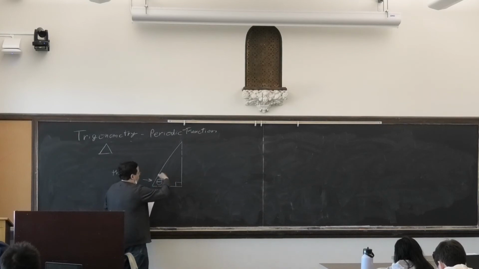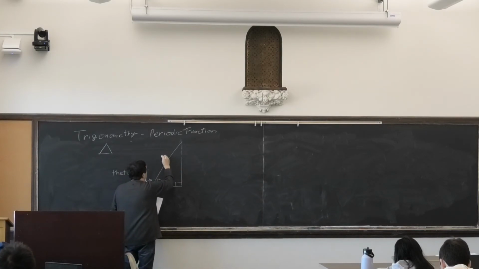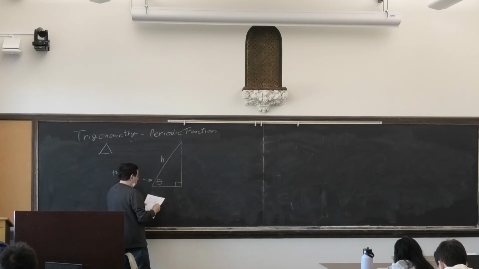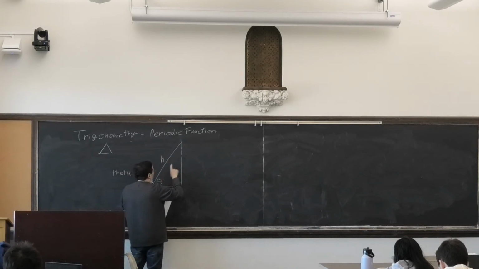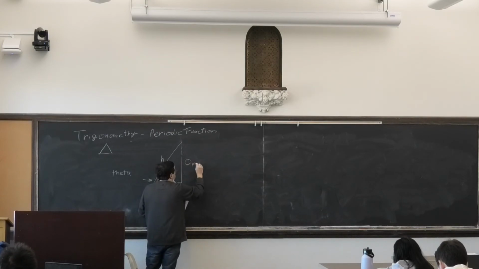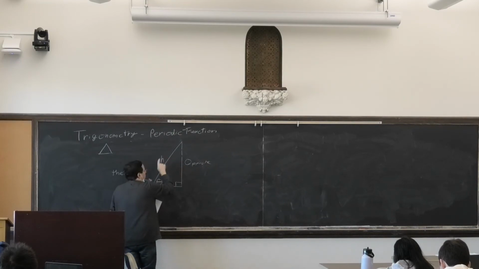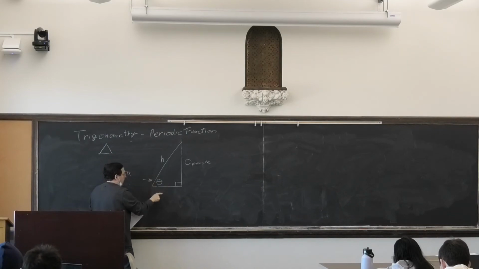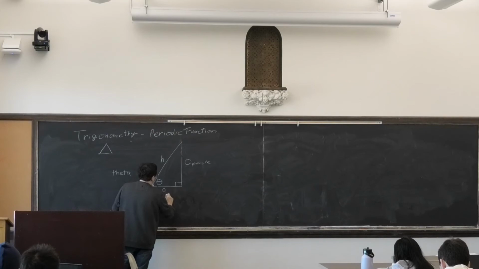And we're going to specify names for the parts of the triangle. Hypotenuse we're just going to call H. The side opposite from our angle, we're going to call O, or opposite. I'm not going to spell out hypotenuse. And for the side next to the angle, adjacent to it, we're just going to use A. Adjacent.